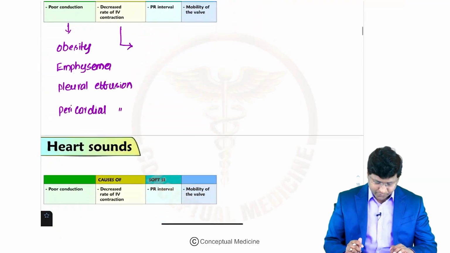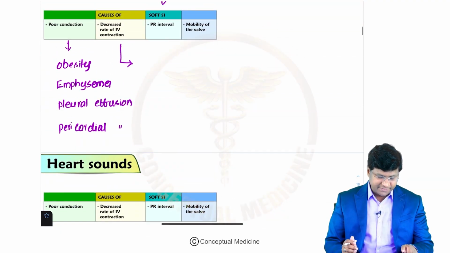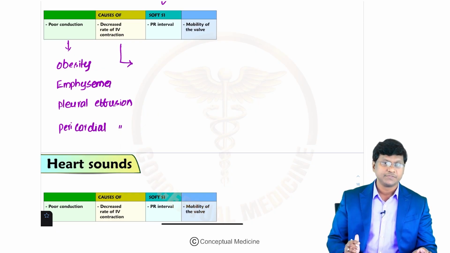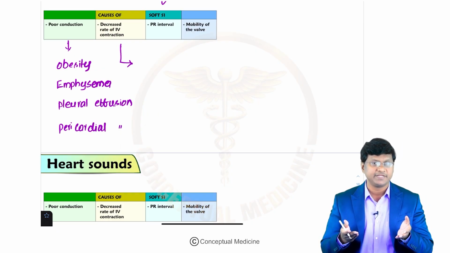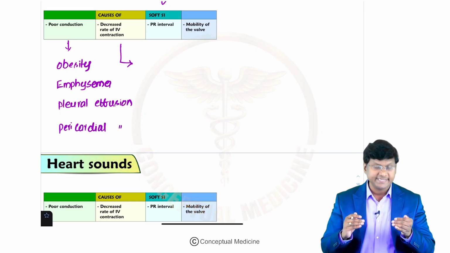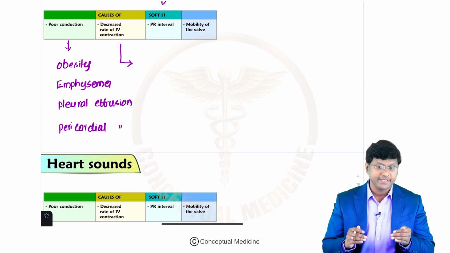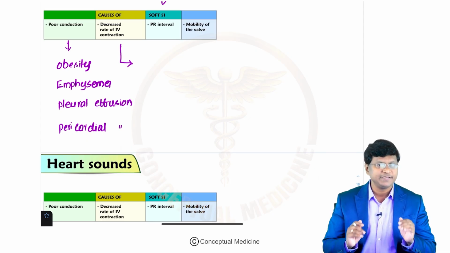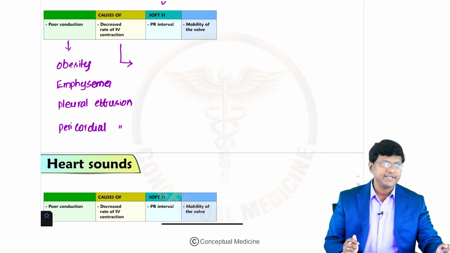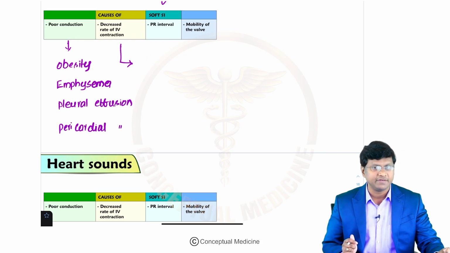But suppose there is a decreased rate of LV contraction, then the pressure rise within the ventricle will be less, and thereby the intensity of the vibration of your mitral and tricuspid valves will be less, and thereby the M1 and T1 will be soft. So where will you have a decreased rate of LV pressure development?